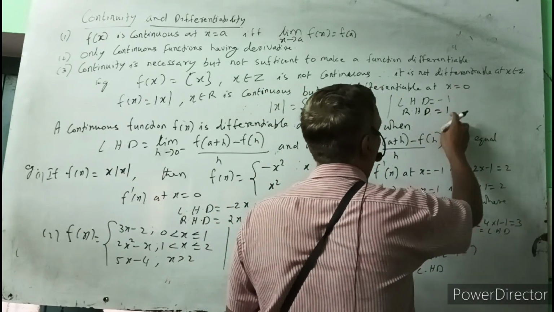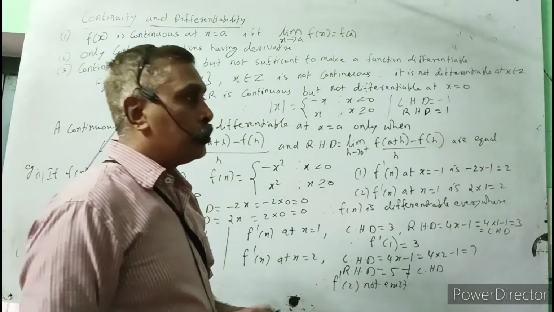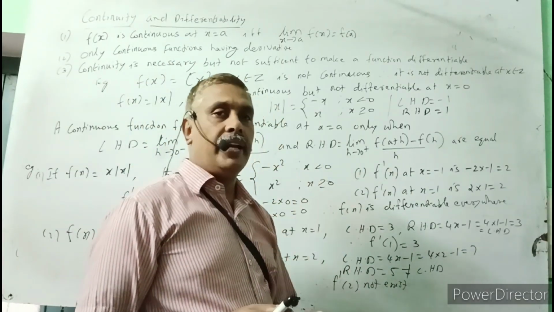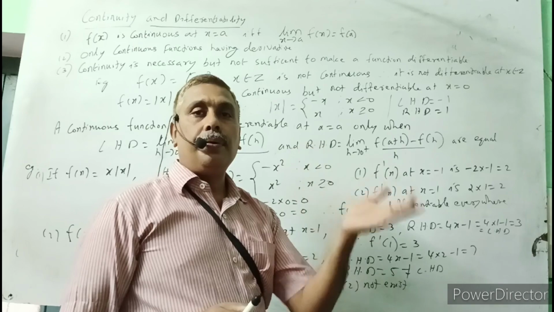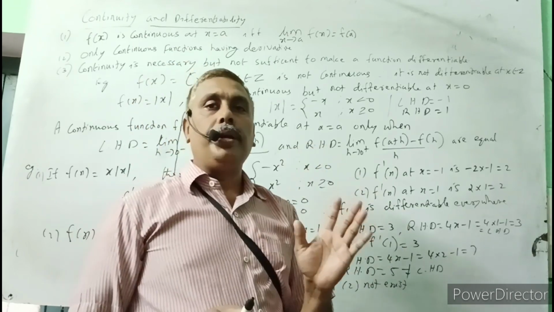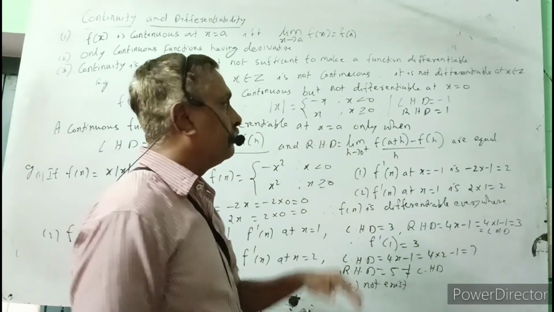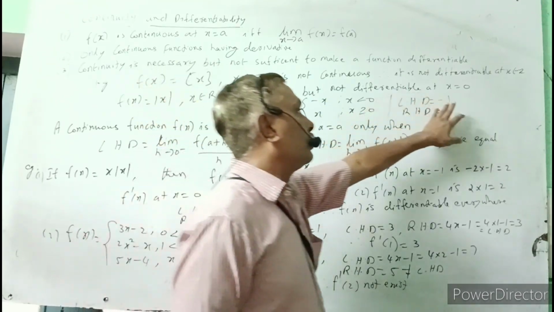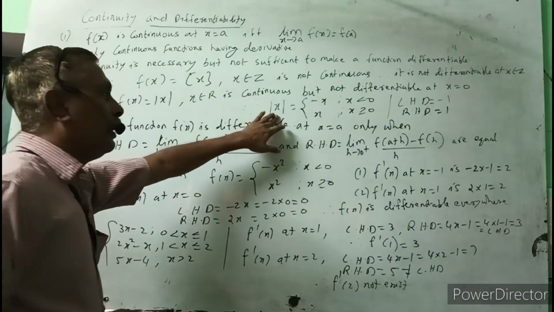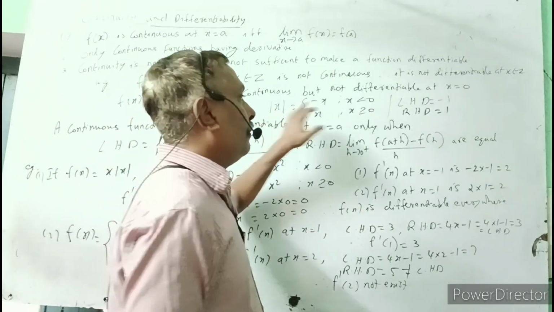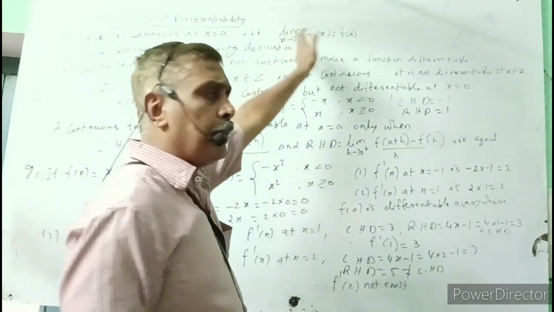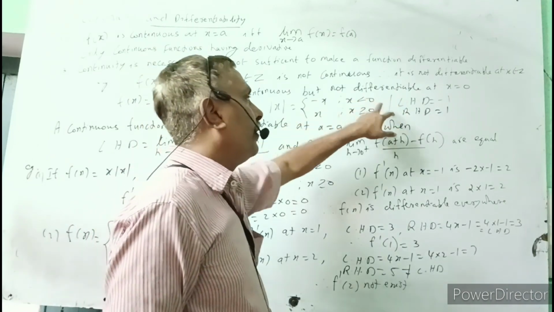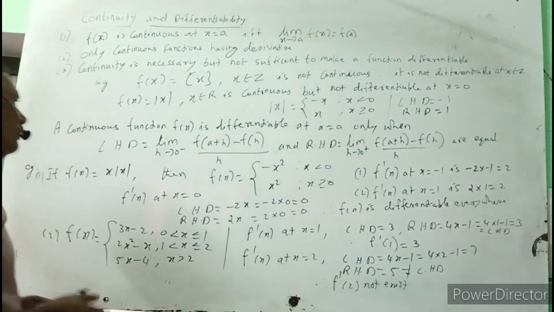Both are not the same. A continuous function is differentiable at a point only when the left hand derivative and right hand derivative are the same. Here LHD is -1 and RHD is +1. So modulus x is a continuous function but not differentiable at x equal to 0. At all other places it is differentiable.